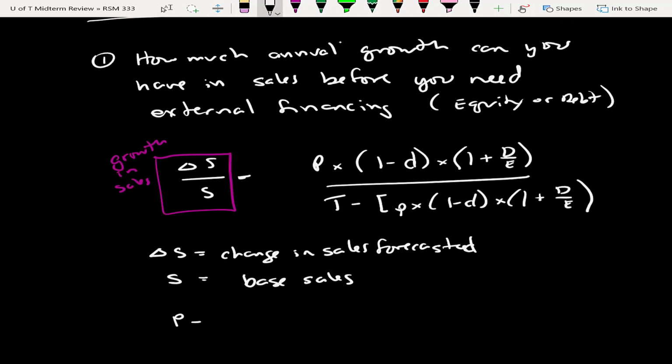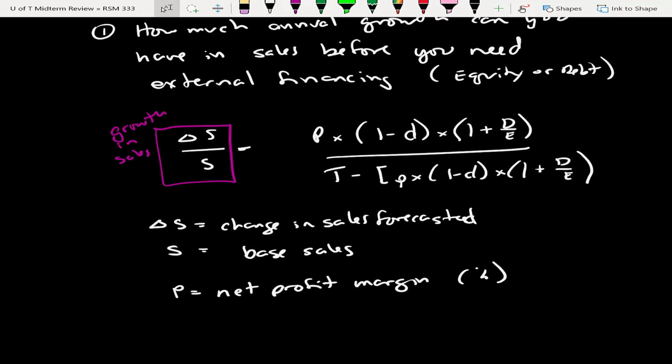P is equal to the net profit margin. So this is a percent of sales. D is the dividend payout ratio.